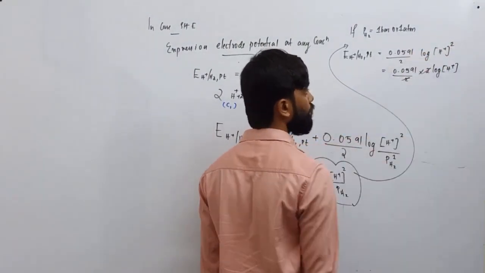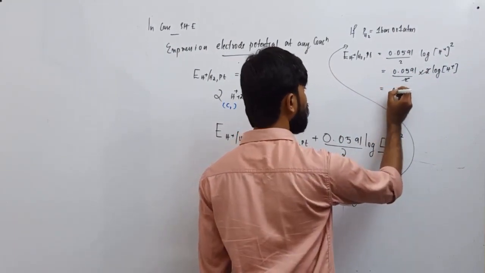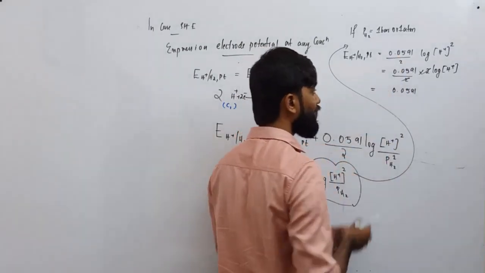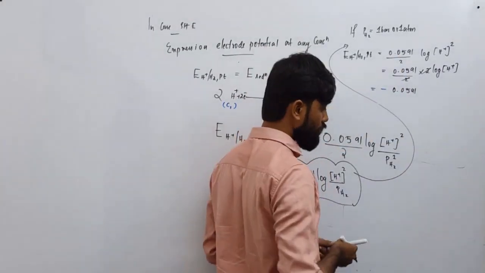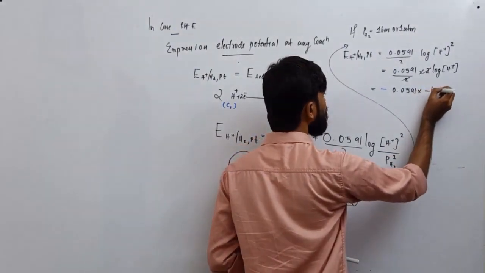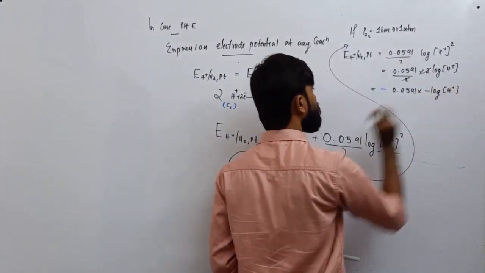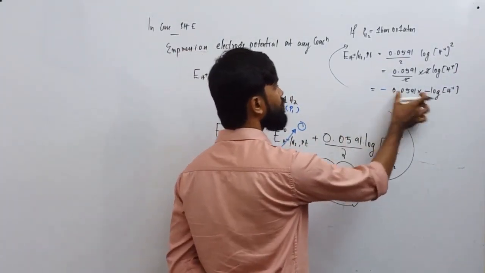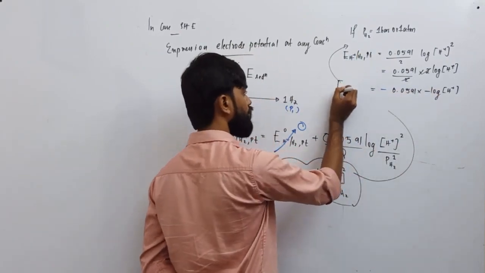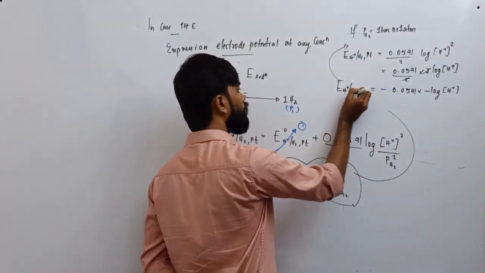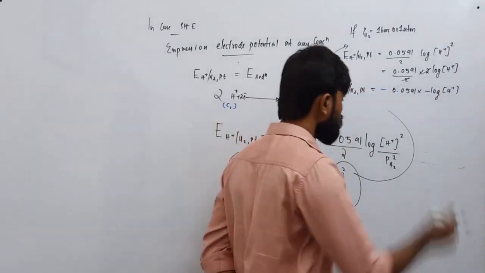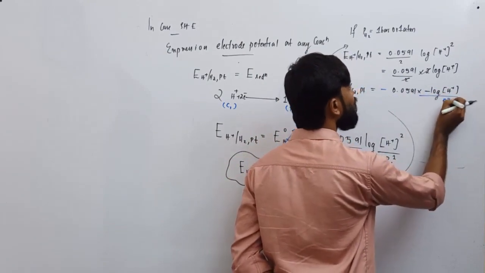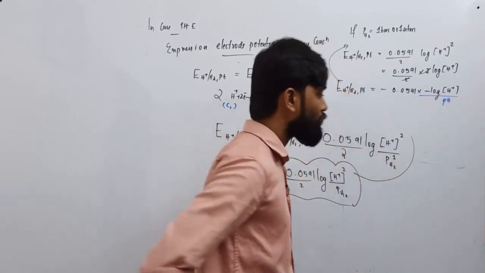If I write this with a minus, I am simply placing a minus here: minus 0.0591 into minus log H plus. Minus into minus becomes plus, so there is no change in the resultant value. So minus 0.0591 into minus log H plus. We know that minus log H plus is pH.